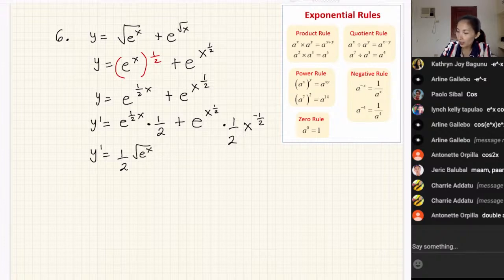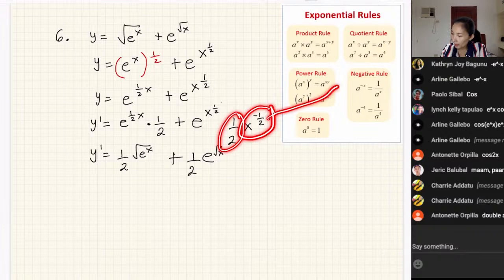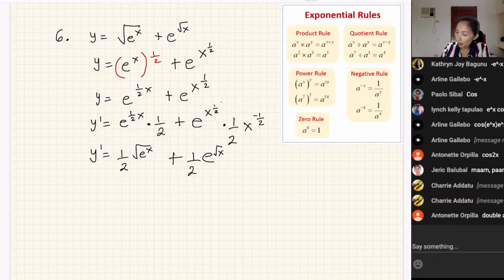Plus 1/2, e raised to x raised to 1/2 is e raised to the square root of x. Sorry, the space is not sufficient. And where did I get 1/2 from here? Since this is x raised to negative 1/2, from your negative exponent rule, I could bring it down to the denominator, so over the square root of x.